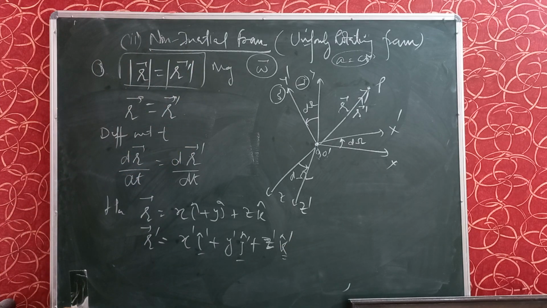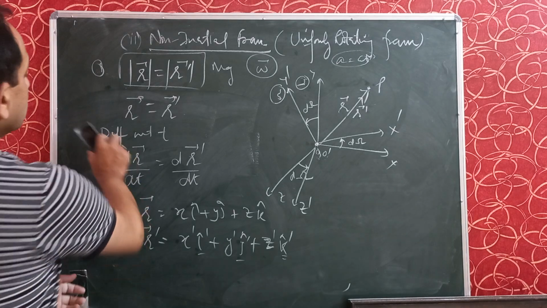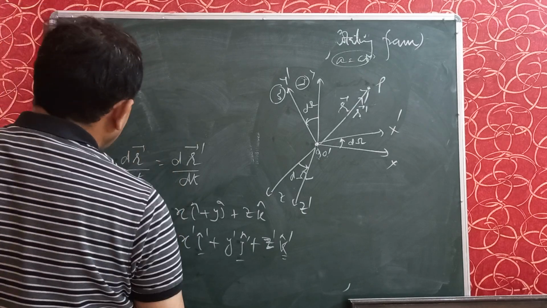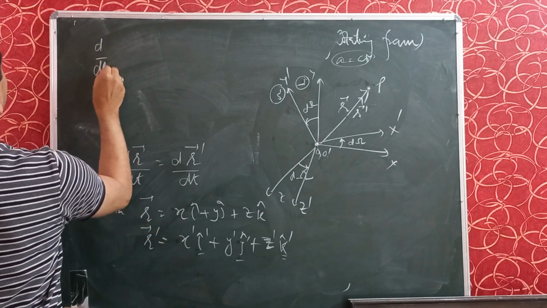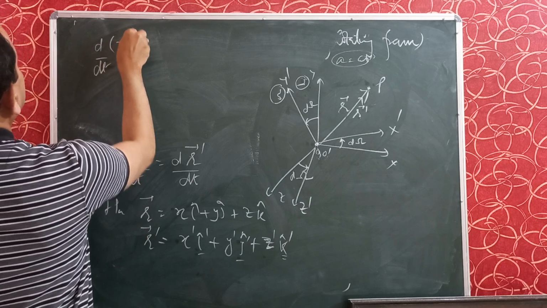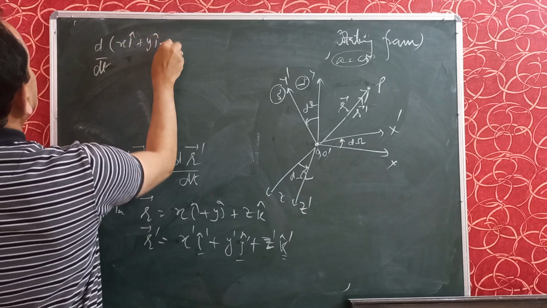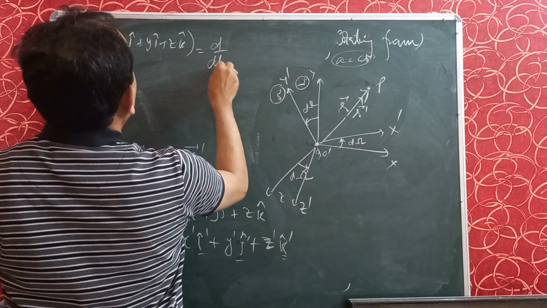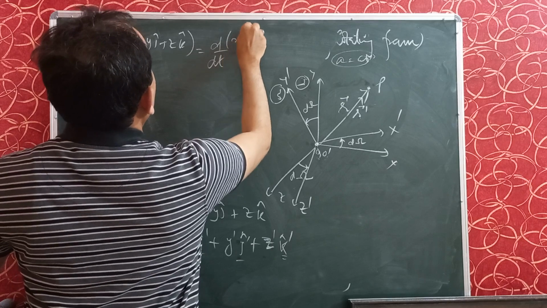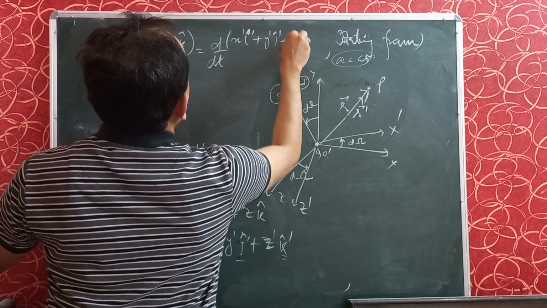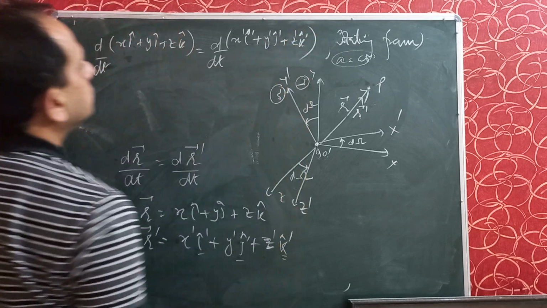Now, we will put these values in this equation to find the velocity. Therefore, the velocity becomes d dt of r, which is x i plus y j plus z k, and on the right hand side d dt of x dash i dash plus y dash j dash plus z dash k dash.